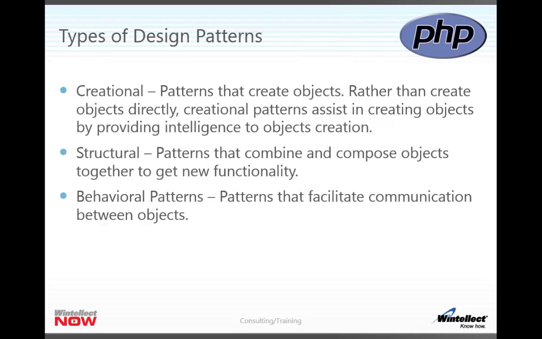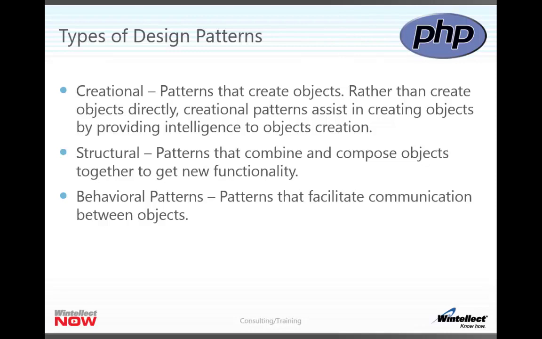And the last category are behavioral patterns. Now, behavioral patterns are patterns that facilitate communication between objects. Now, one of the mantras of good object-oriented programming is decoupling. When something is highly coupled to another object, that means that if you were to remove one of the objects, it's likely that the other object would become useless or almost useless. Well, what decoupling does is it attempts to minimize the dependencies between various objects.